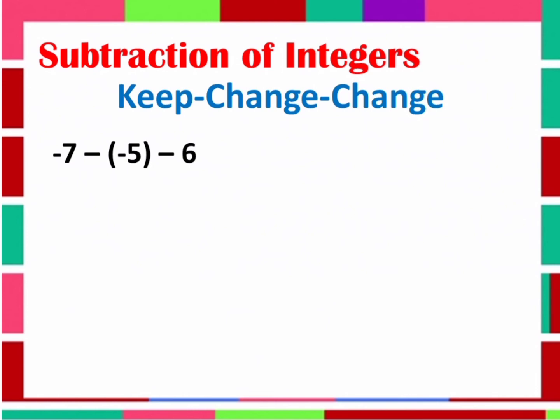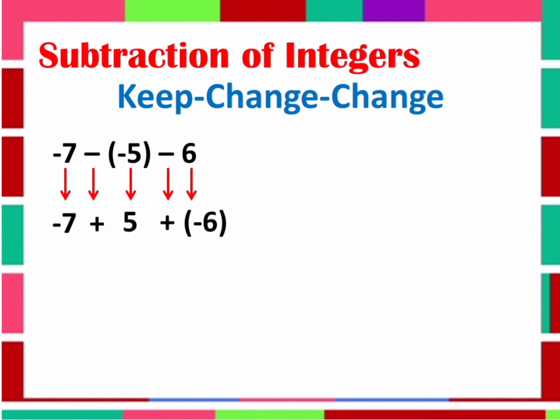So in negative 7 minus negative 5 minus 6, first you are going to keep negative 7, change minus to plus, change negative 5 to positive 5, change again the operation minus to plus, and change positive 6 to negative 6. So remember, only the first integer will be kept and the rest will be changed.